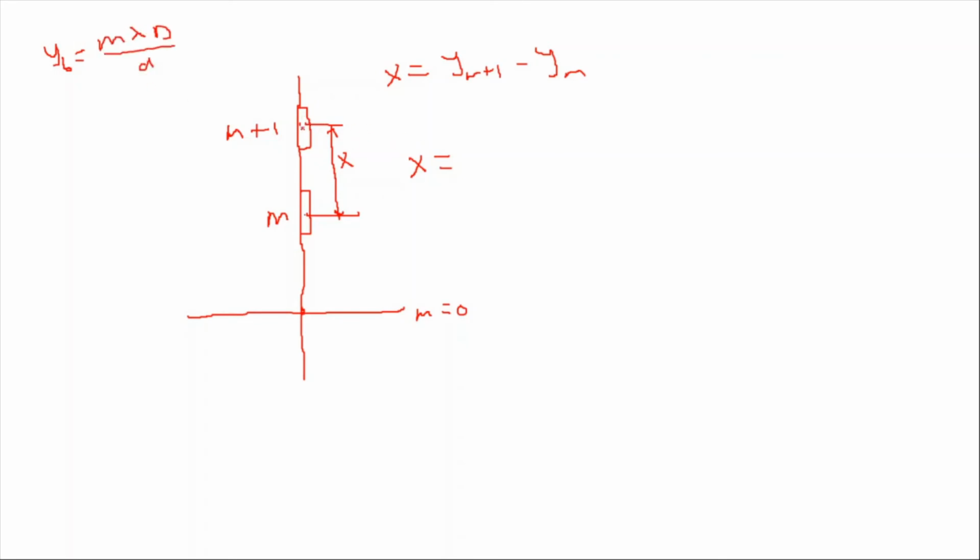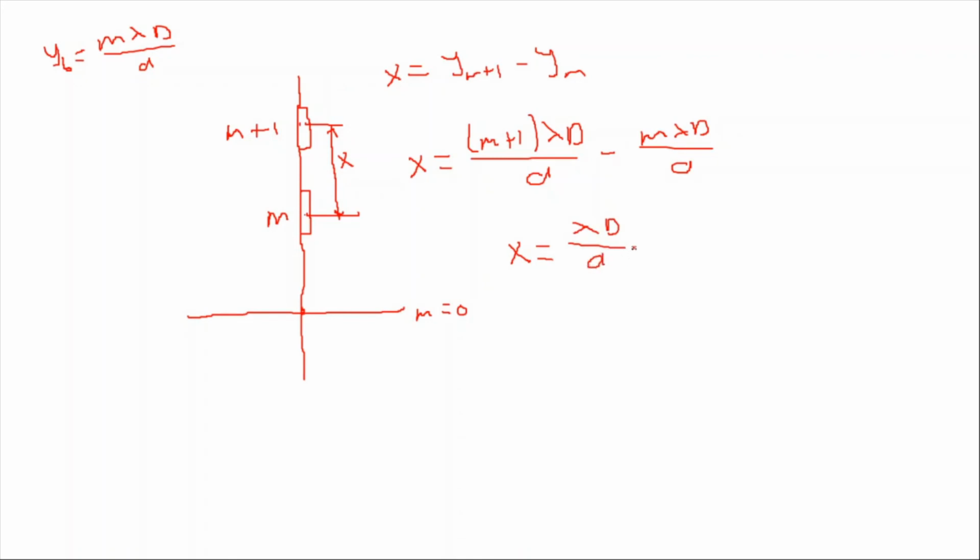So now this is the m plus 1 fringe. I'm going to write m plus 1 lambda d divided by a. This is y m plus 1 minus y m. It will be m lambda d over a. So if we do this math, we are going to see that x is going to be equal to lambda d over a.